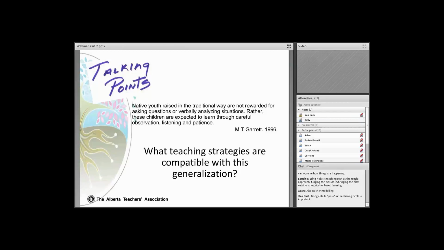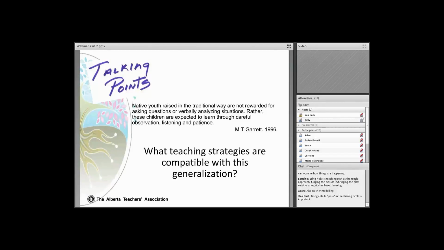Having teachers model, so for students to be able to see something done first by observing, thinking about classes like mathematics and science, those can be really important opportunities for students to watch carefully before something is done.